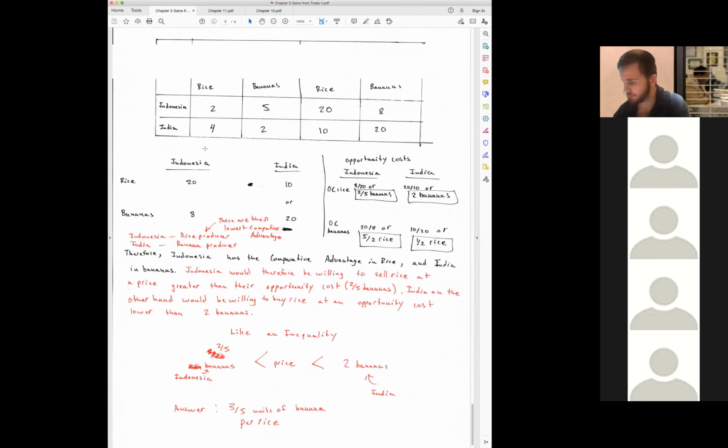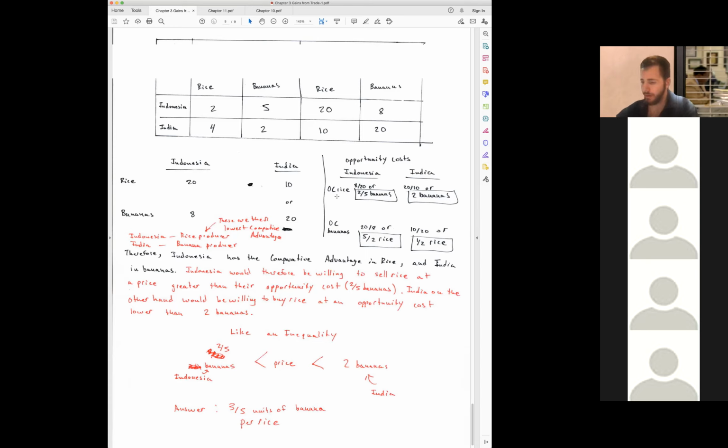I just flipped it around a little bit so that I have rice and bananas on this side and the countries on this side. Indonesia can produce 20 units of rice or 8 units of bananas, and India either 10 units of rice or 20 units of bananas. So you can calculate the opportunity costs by simply what you give up over what you get.